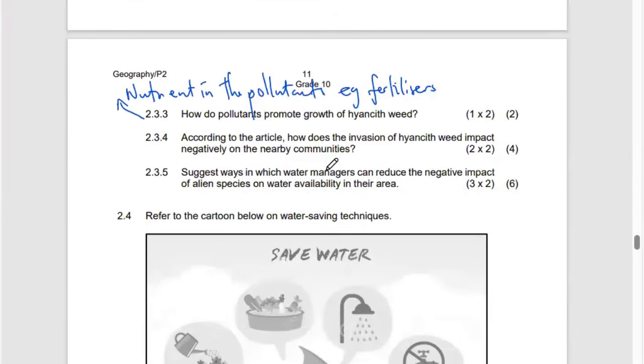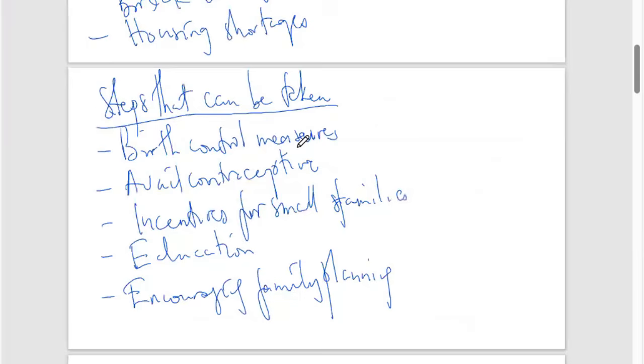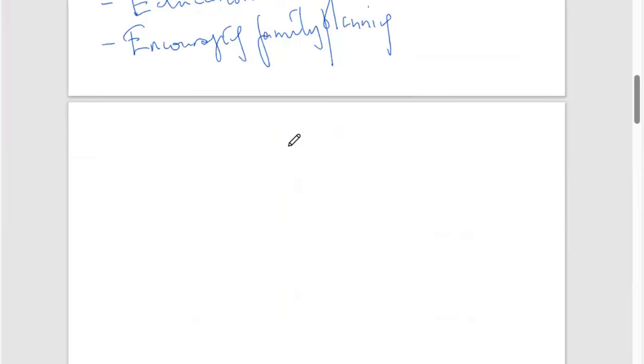Then the next question is talking about suggest ways in which water managers can reduce the negative impact of alien species on water availability in the area. What can be done to reduce the implication of us having so much pollutants that are going to cause the growth of those alien plants? Right. So that is number 2.3.5.